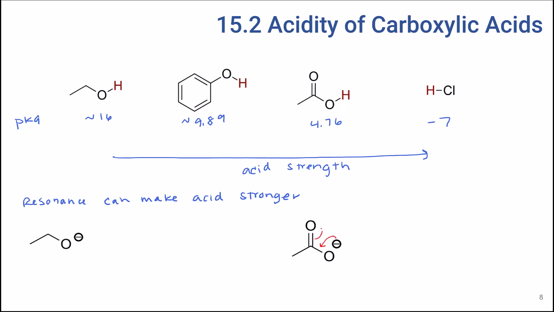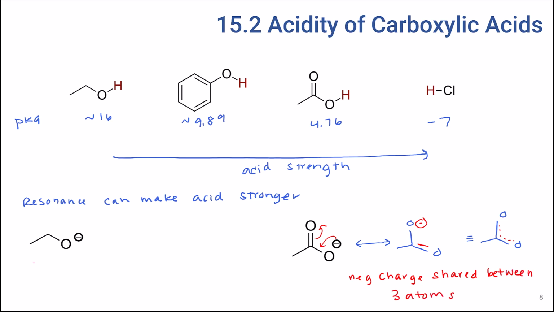We can draw a resonance structure so that the negative charge is spread out between 3 atoms. Here the negative charge is localized only on the oxygen. So that oxygen has to carry the burden of that negative charge, so it's not going to be as strong of an acid if it can't stabilize that negative charge.